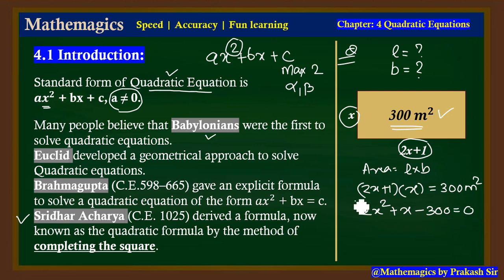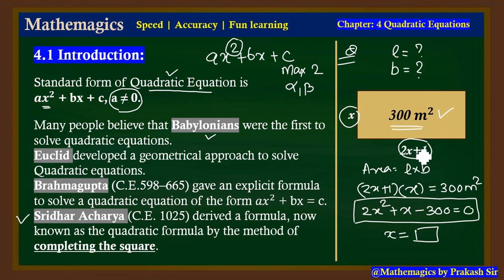So dear friends, here we are obtaining a quadratic equation. After getting the solution of this quadratic equation, we will get the value of x. Once we get the value of x, we will put it into 2x plus 1 to get the length, and x is the direct breadth.